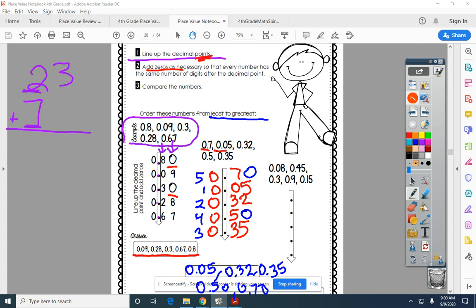I got a trick. You can switch around without saying greatest or least, by going backwards. Yeah. Okay.